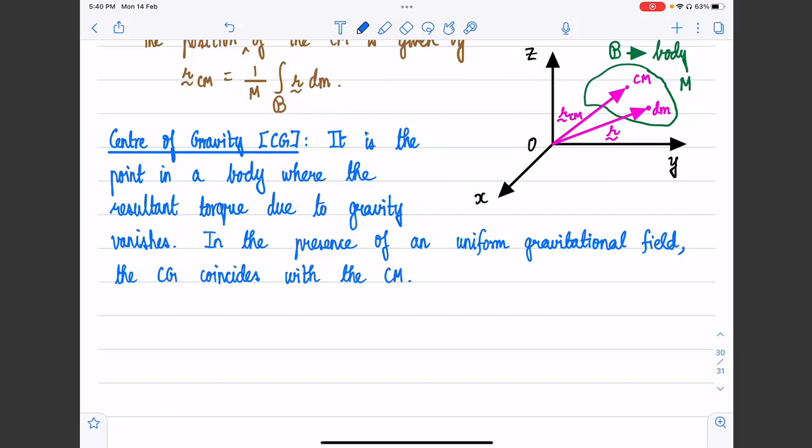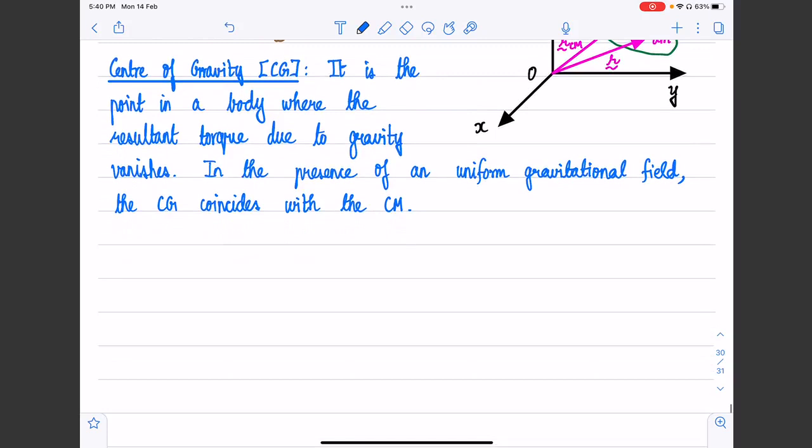I think this difference is very key. The center of gravity is a point in a body where the resultant torque due to gravity vanishes, which is certainly different from center of mass.